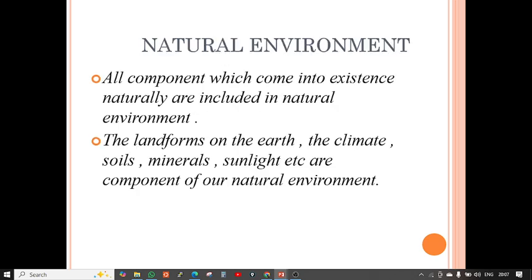Talking about the environment again, it is classified into two categories: natural environment as well as artificial environment. So what is natural environment? All components which come into existence naturally are included as natural environment. The landforms on the earth, the climate, the soil, the minerals, and sunlight are called natural environment, which are plentifully available in nature. The sun is the source of energy, and there is a pathway in the environment that we call trophic levels.